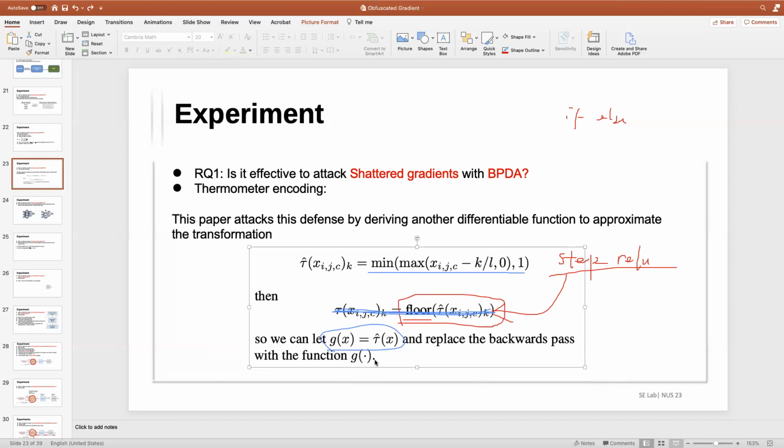I understand the original encoding just applies a floor there. The trick is that there are a lot of if-else cases, and they come up with a formula to represent those if-else shapes. Then you find that the only difference is that you apply a floor here. If you remove the floors, everything becomes continuous.